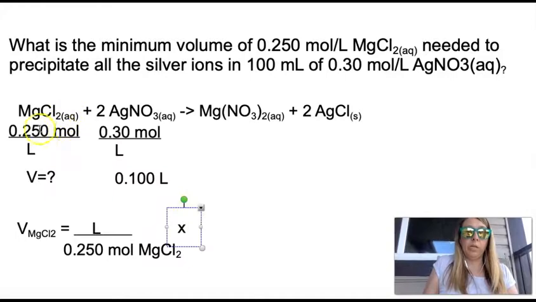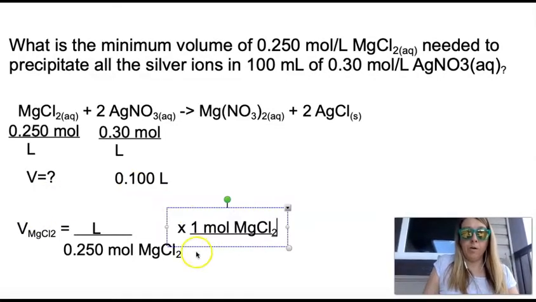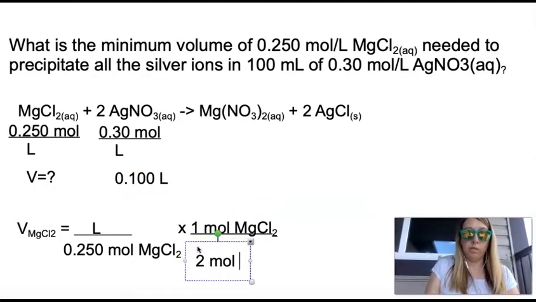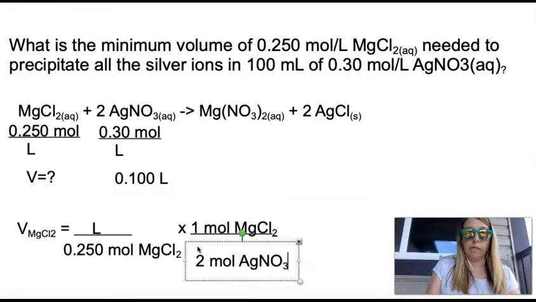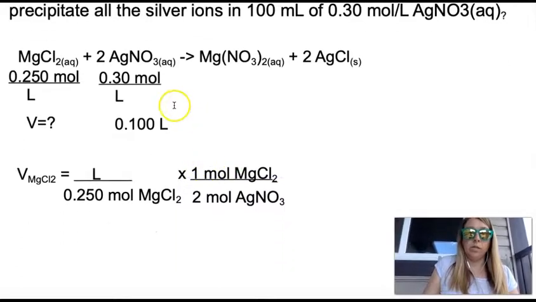Because I've already used this piece, I can't use it again. I don't have any other given underneath here that involves that. So on the top, we are going to say 1 mole of MgCl2, and on the bottom, we're going to say 2 moles of AgNO3. Okay, so now, looking at our units, we should be able to cancel moles of magnesium chloride.